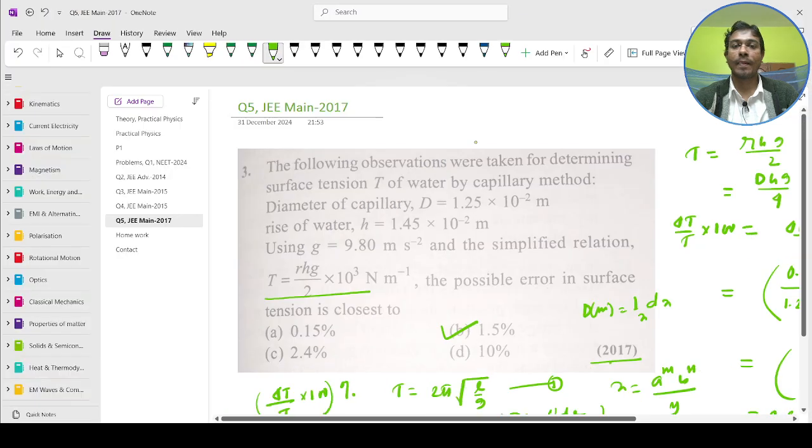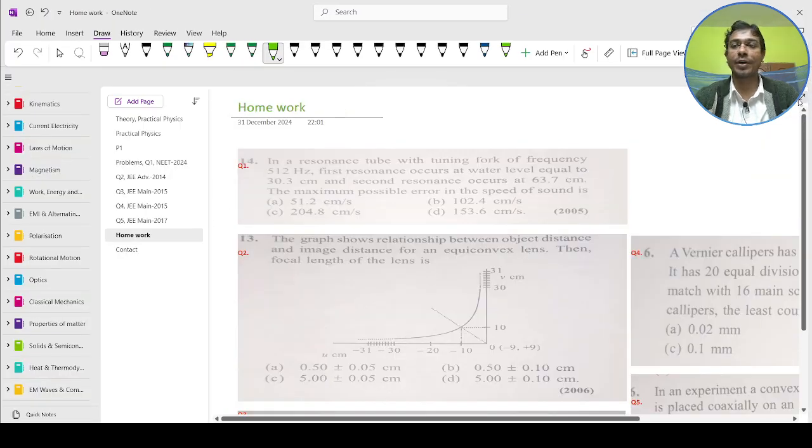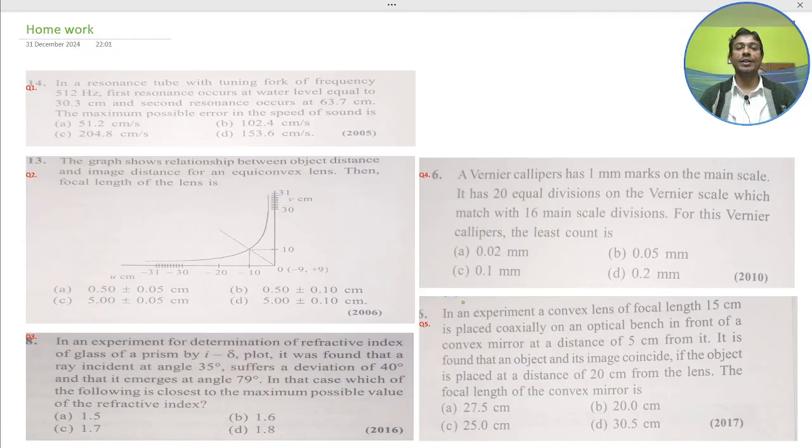So we just covered here 5 important problems, and for your better clarification and conceptual understanding I usually give you 5 more problems. Just take a screenshot by pausing the video.